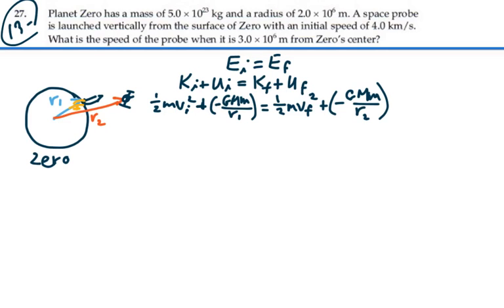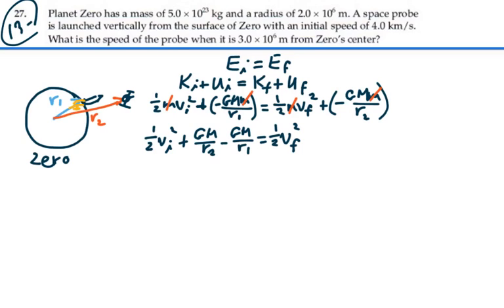We have an m term in each of these, so let's divide both sides of the equals by m, and we're going to solve this for our final velocity. Let's bring over the negative GM over r2 to the left hand side, so we have 1/2 initial velocity squared plus GM over r2 minus GM over r1 is equal to 1/2 final velocity squared.